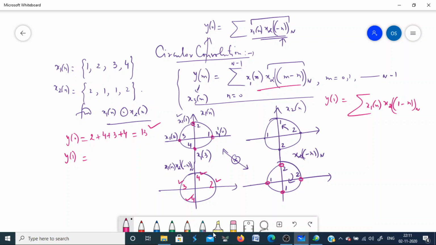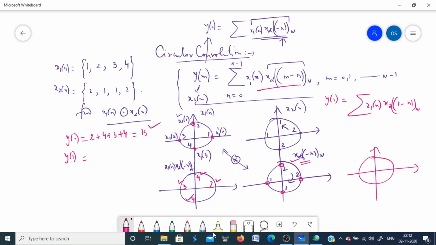Now 1 minus n is nothing but first fold, then shift by 1. So this is already the folded sequence. If I shift this by 1, I will get x2(1 minus n mod N).